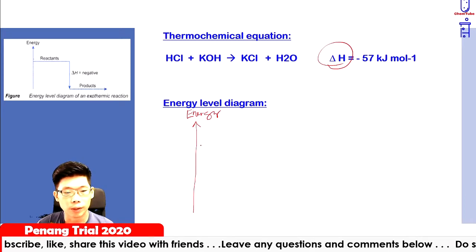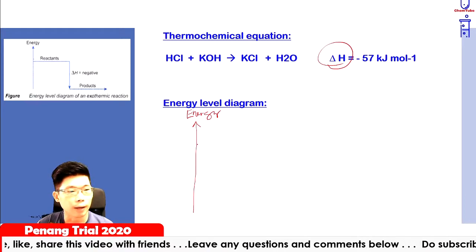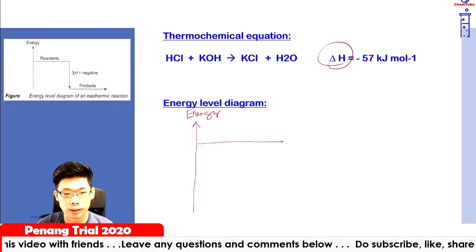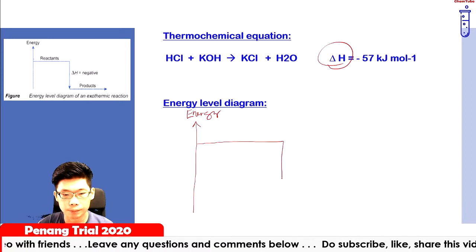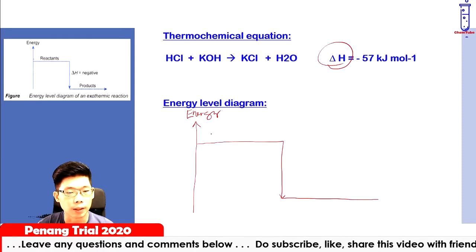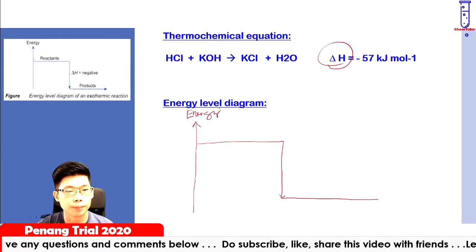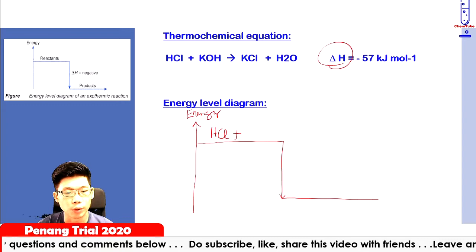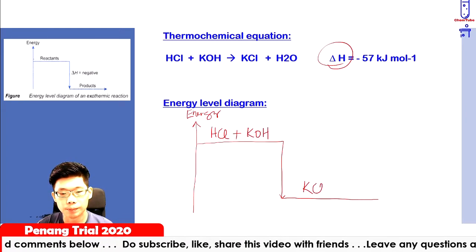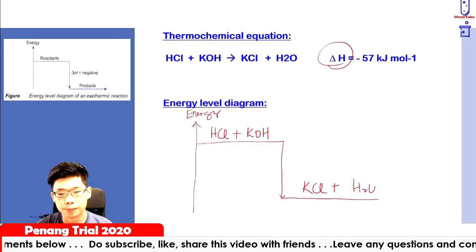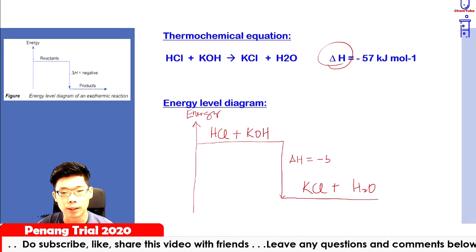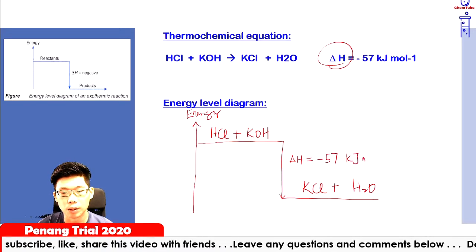The level of the reactants is higher compared to the products, so the energy decreases to the products. The reactants we just copy in: HCl with KOH. The products are KCl and water. Then finally we put in the delta H, negative 57 kilojoule per mole.